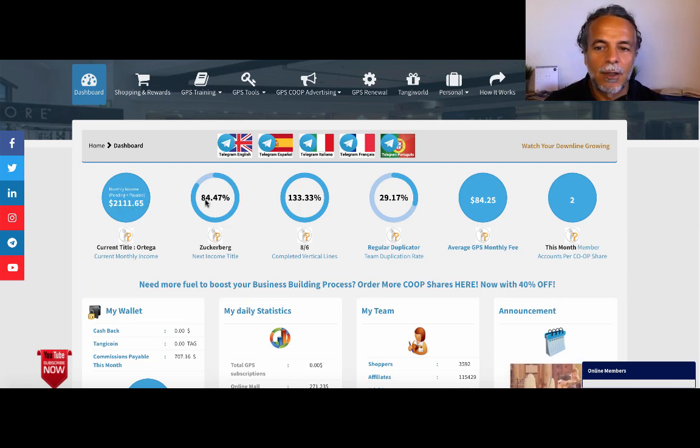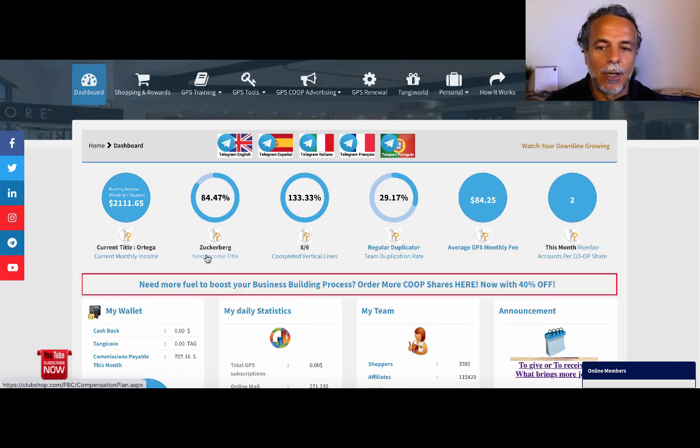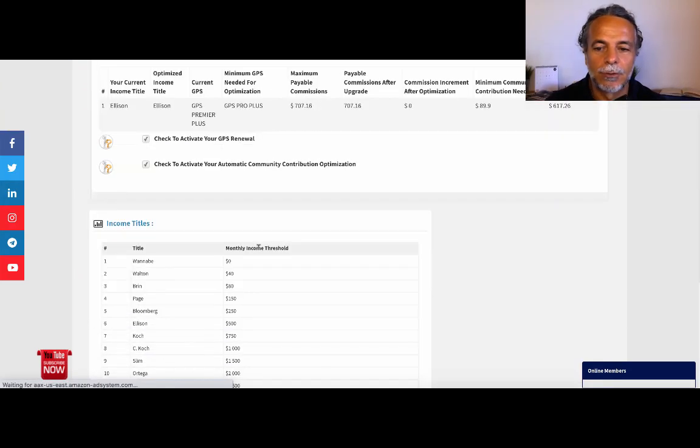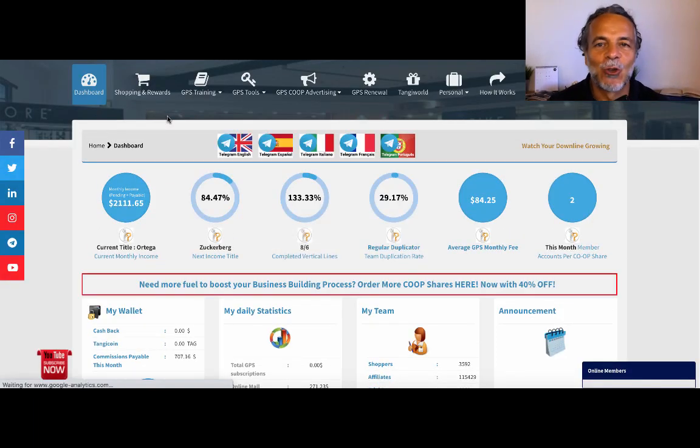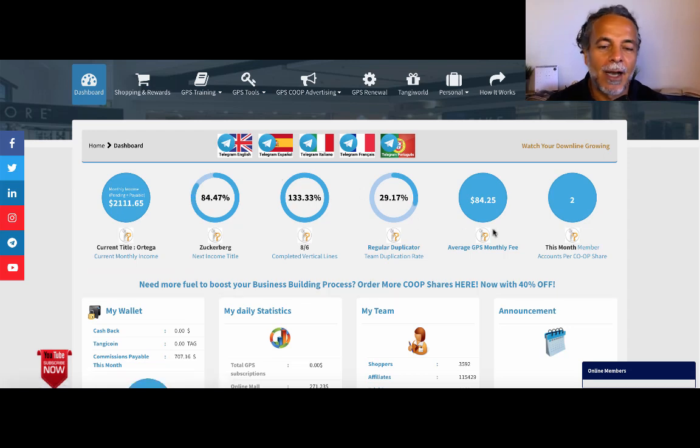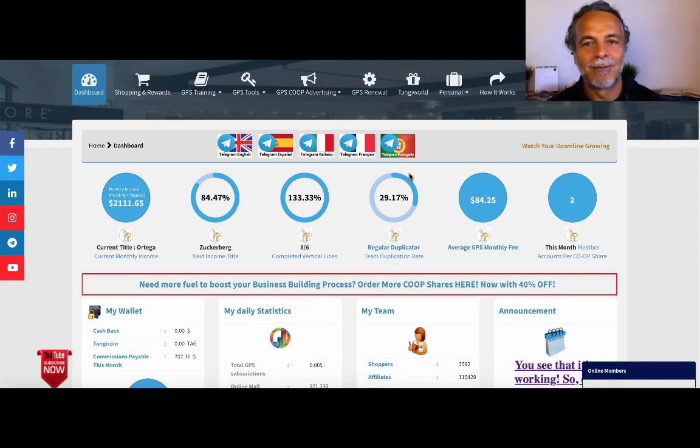If you click here, you can see what is that threshold, because Zuckerberg, you see, is at $2,500. Okay, so it gives you the direction where you're going, and these other indicators will help you go toward that direction. But we will see these other indicators in another video.